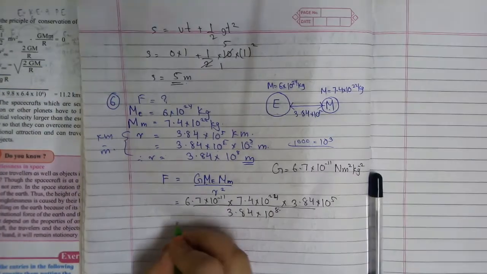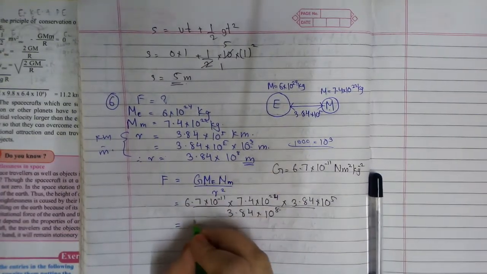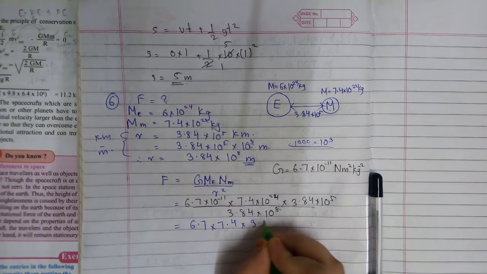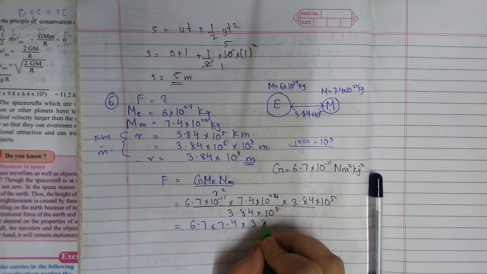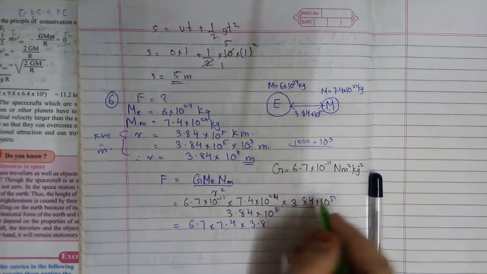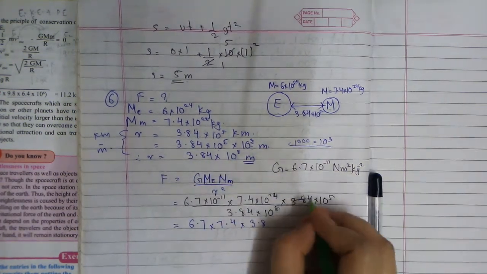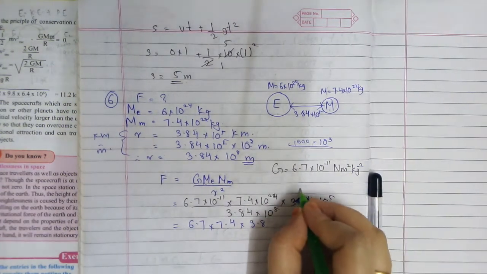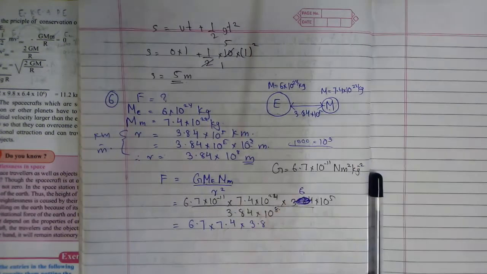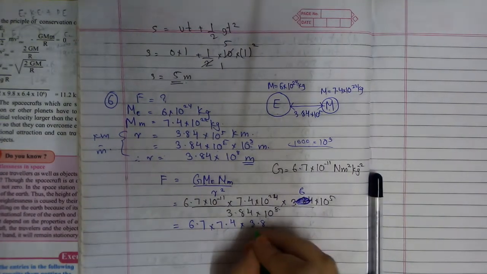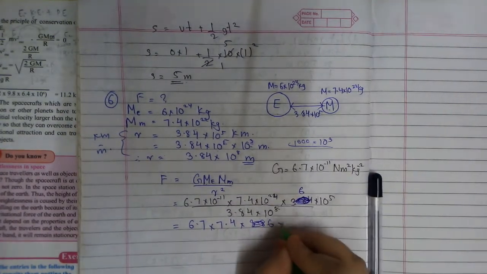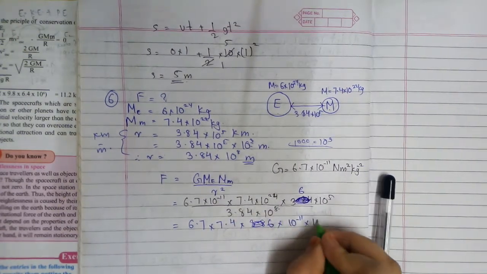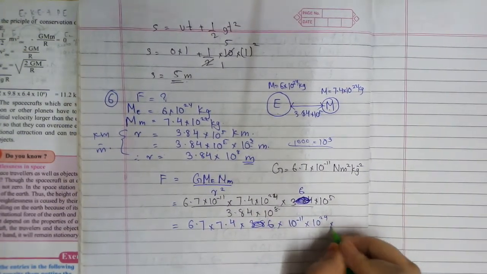Okay, now what we will do, we will write all the numbers together, that is 6.7 into 7.4 into 6, and the powers, that is 10 raised to minus 11, 10 raised to 24 multiplied by 10 raised to 22.